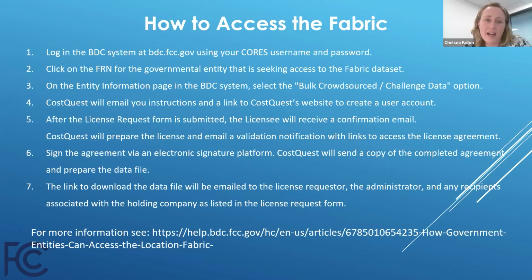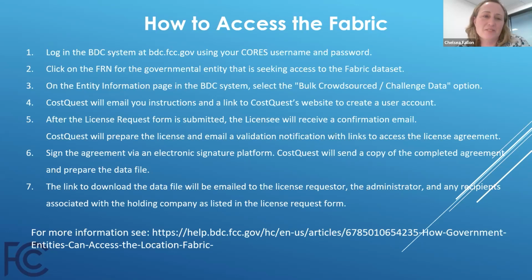The FCC will then pass your entity information to CostQuest, and they will send you an email inviting you to register in their system in order to access the fabric. After you submit their license request form, they will review that and generate a license agreement for you to sign. And after you sign that, you will be granted access to a folder to download the fabric data for your relevant geographic area.